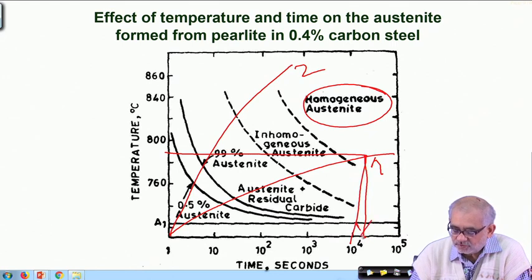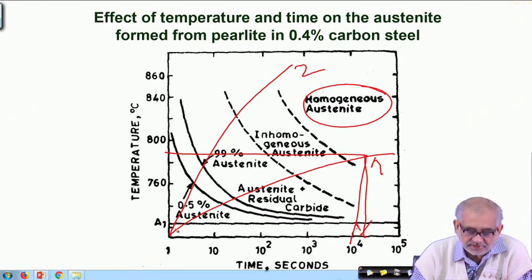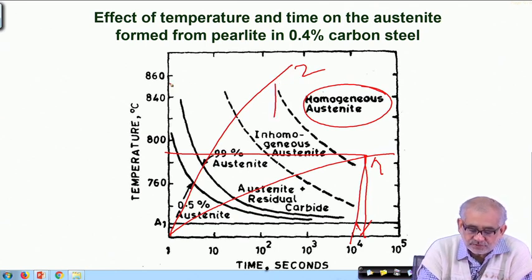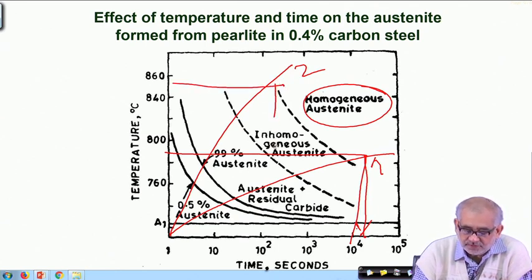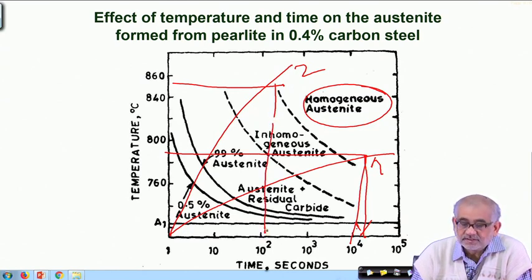On the other hand, if we are willing to heat to a higher temperature, we may expect to reach the homogeneous austenite state in a much shorter time frame.